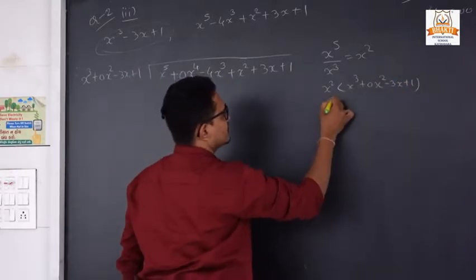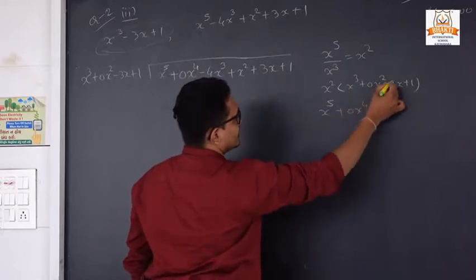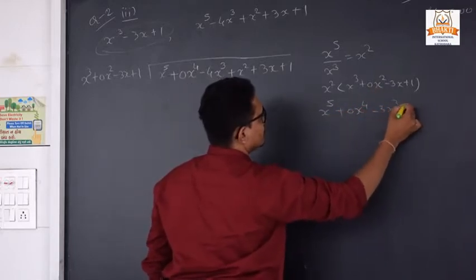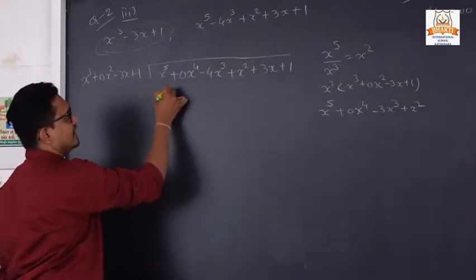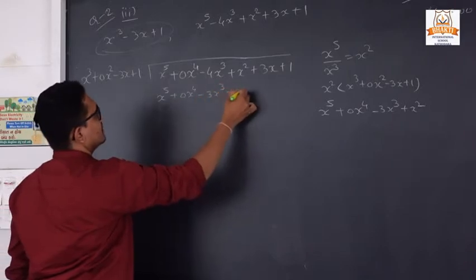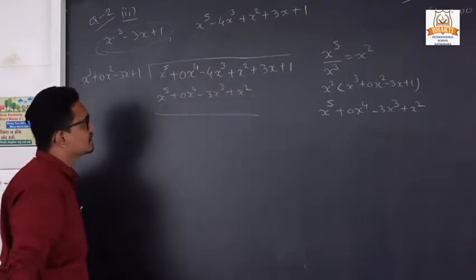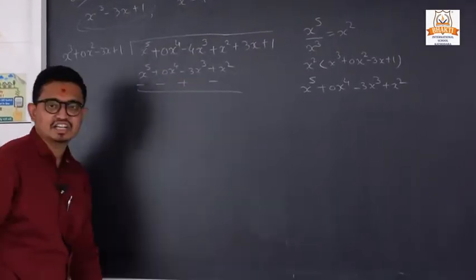So it will be x raised to 5, then 0x raised to 4, then minus 3x cube plus x square. Now the sign will be changed.